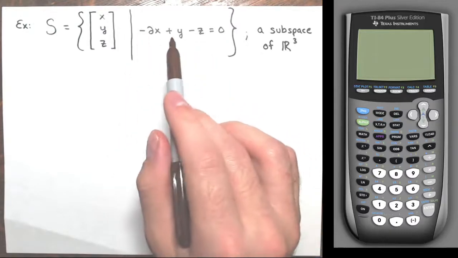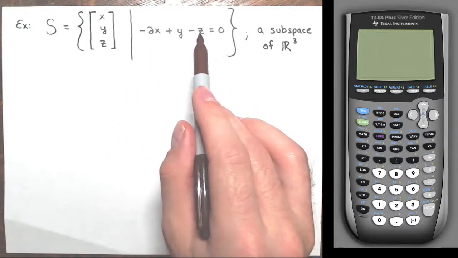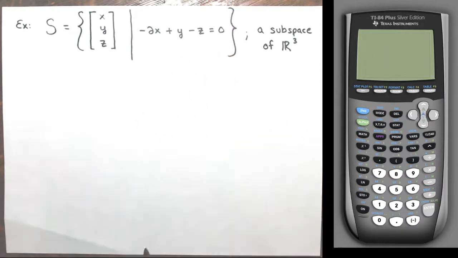You can play around and figure out what values of x, y, and z would make this a true statement, to figure out some vectors of S. But again, what we're trying to do here is find a basis for S.